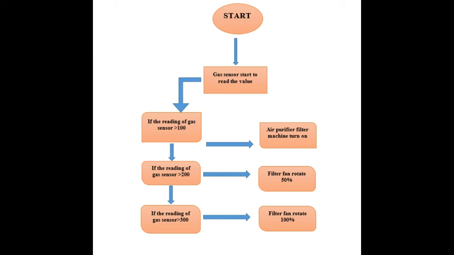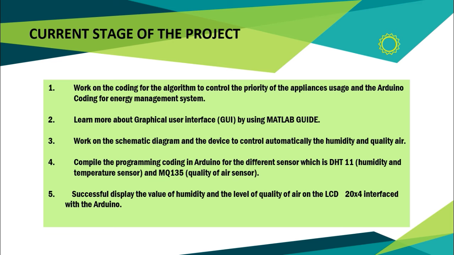Second, when the reading is greater than 200, the fan will spin at 50% speed. And lastly, when the reading is greater than 300, the fan will spin at 100% speed, which is the maximum speed.